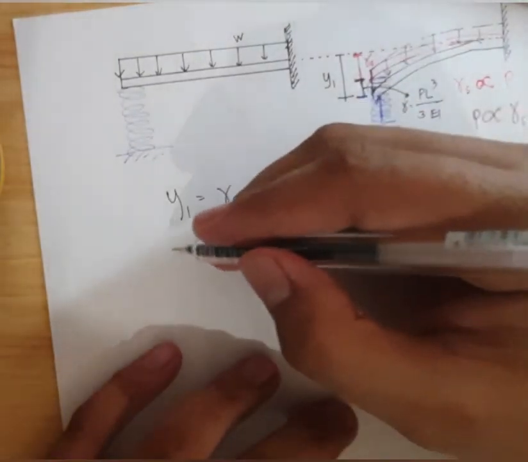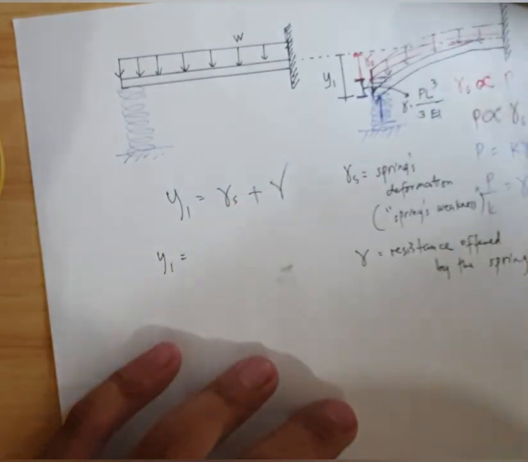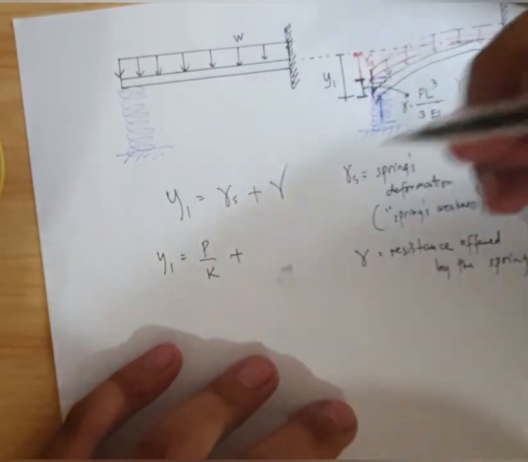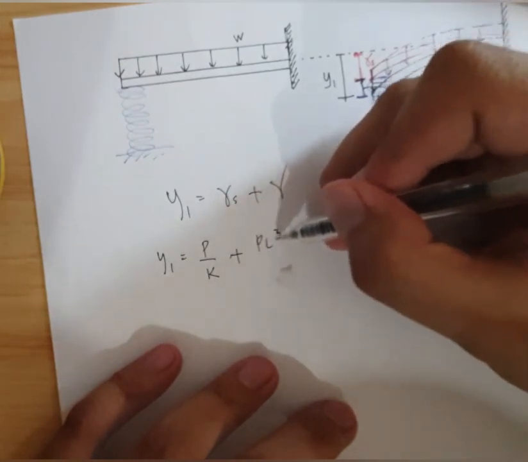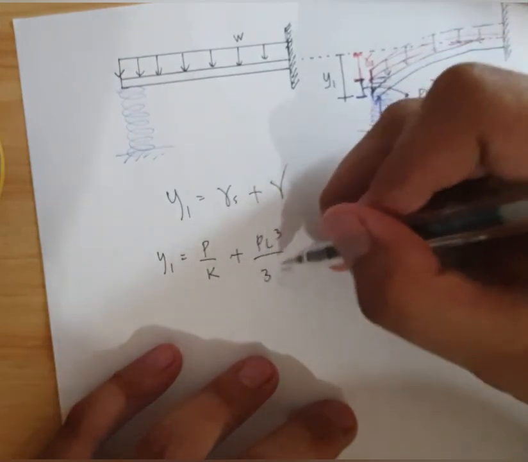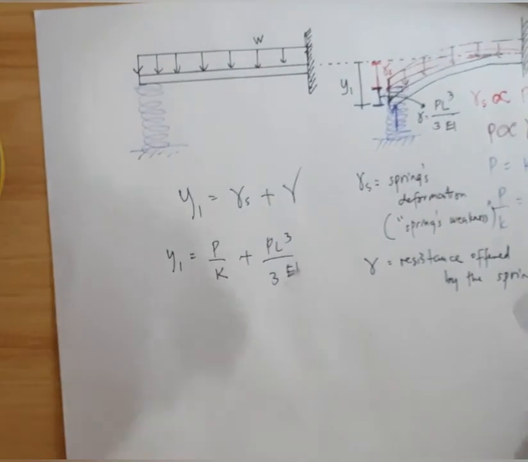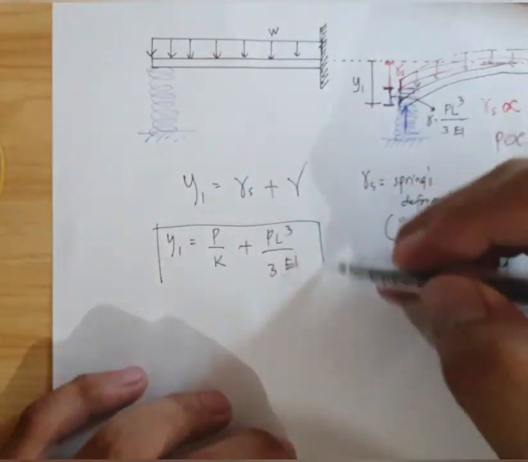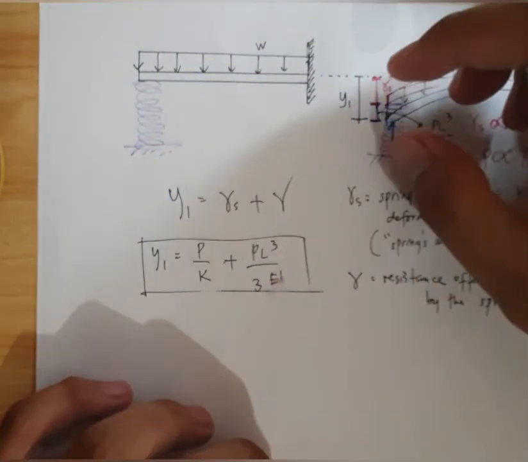So y sub 1 is equal to P over K plus PL cube over 3 EI. You just equate.